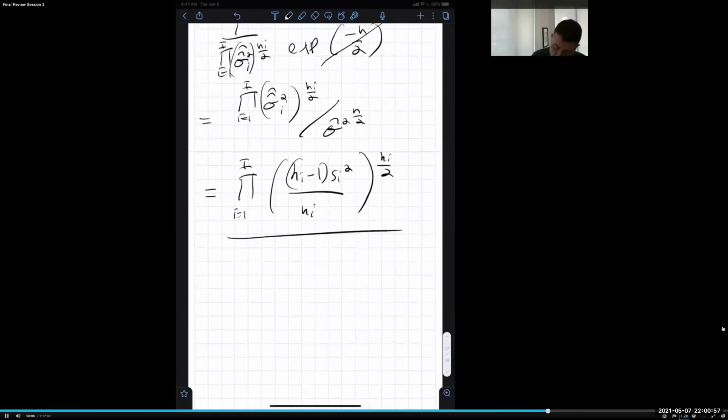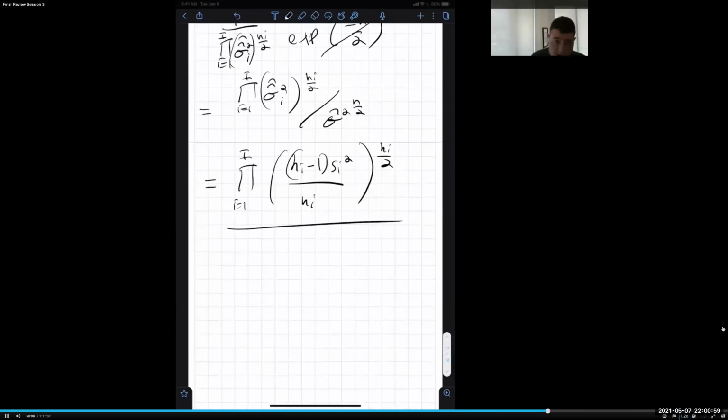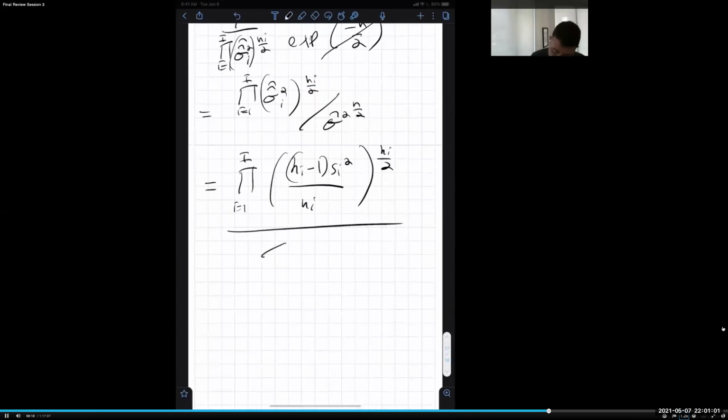And then we just divide by this to the n over 2, and the sigma hat squared already has this sum. This is why there's a lot of notation switches in the question, which is why I'm trying to keep my notation constant. But I'm writing I equals 1 to the big I of this si squared. And again, we keep this n over 2 that we have here. And that's how you get that question.